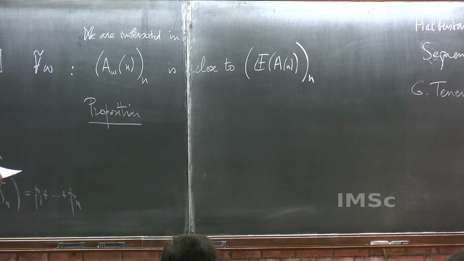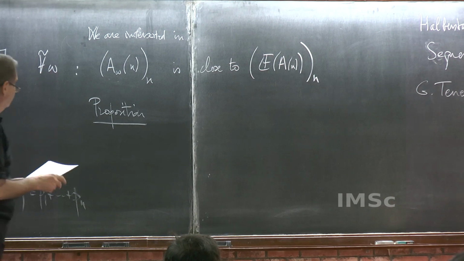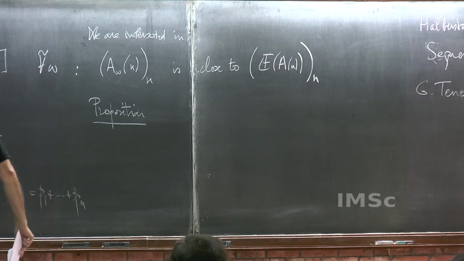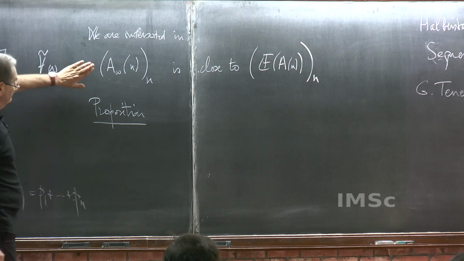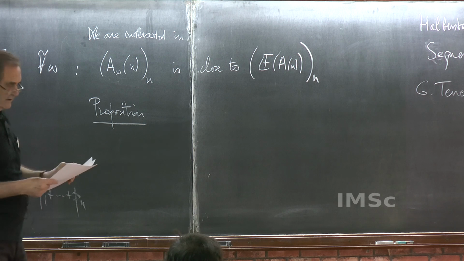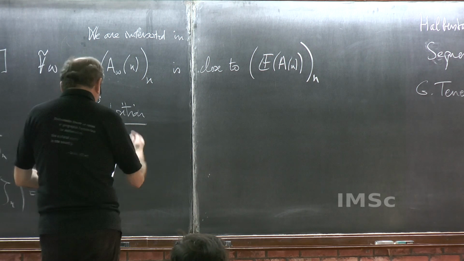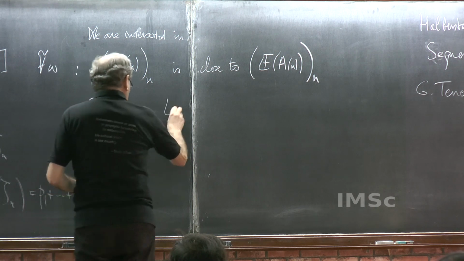So now, the probability business will tell us that we don't need much to be able to ensure something like that. This is what we're interested in, and it's not difficult. We'll give one example to see how it goes. It goes in the following way.